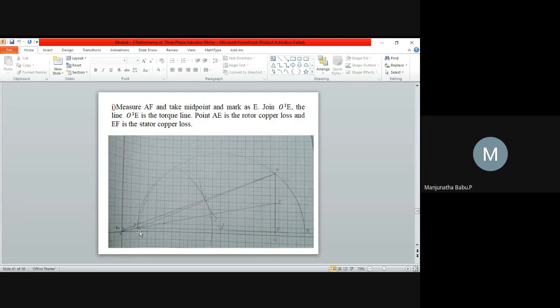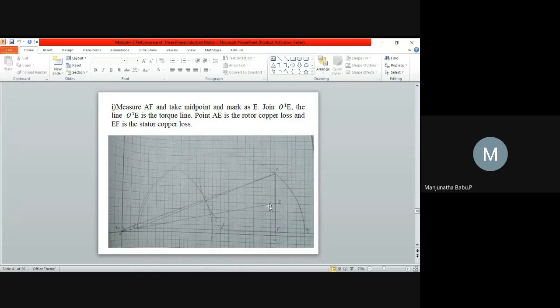Now join a line from O dash to E, that is O dash E. Have you drawn it? That line is the torque line.